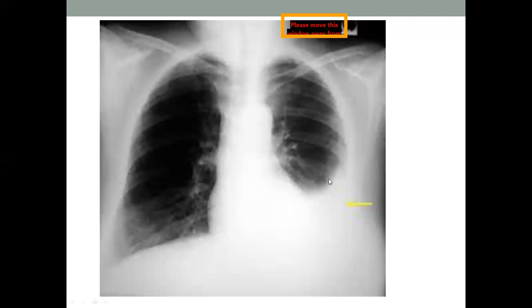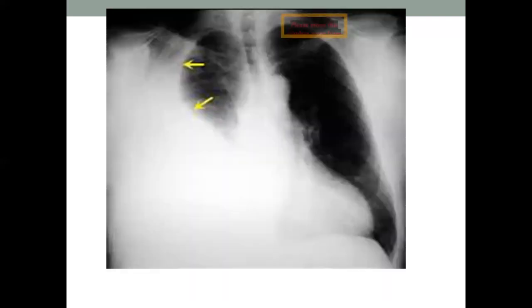This is the meniscus sign, which is a sign for pleural effusion, the sign of fluid present in the pleural space.